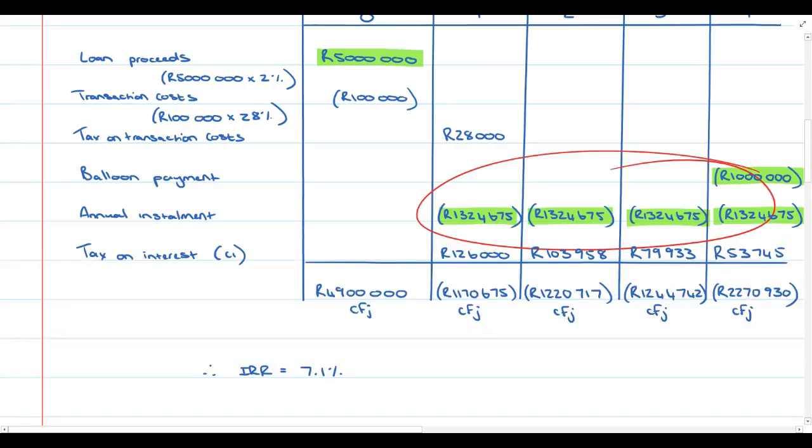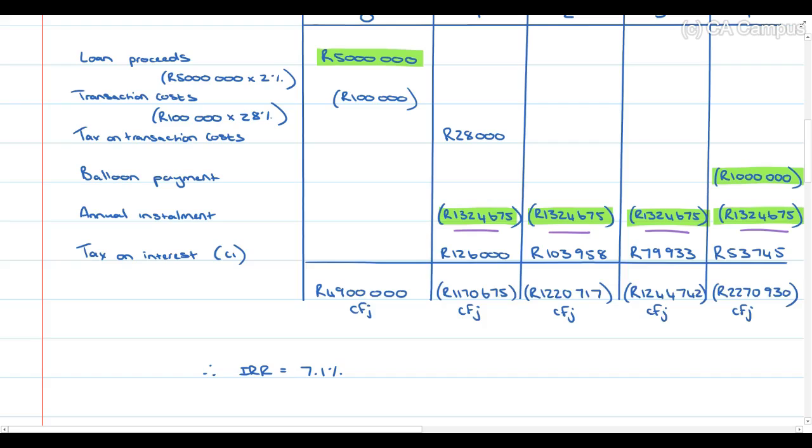So if we have a look at the loan first, we know what the cash outflows are for the loan. Annually, they have these payments that need to be made, and then at the end of year 4, they have a balloon payment. So if they want to go for the loan option because it's the most cost effective, they need to make sure that their annual cash inflows are sufficient to cover the annual cash outflows and also the balloon payment at the end of year 4.